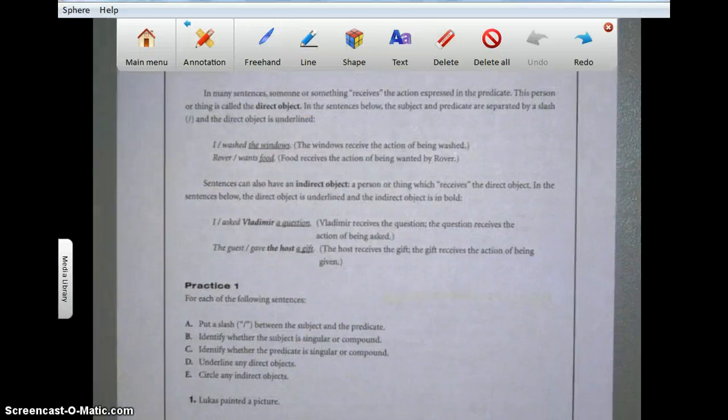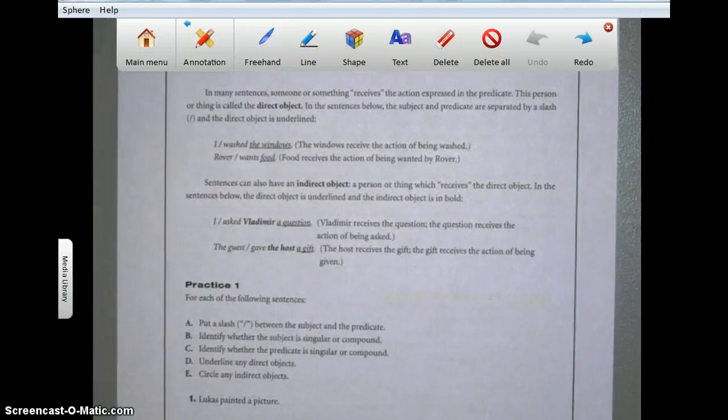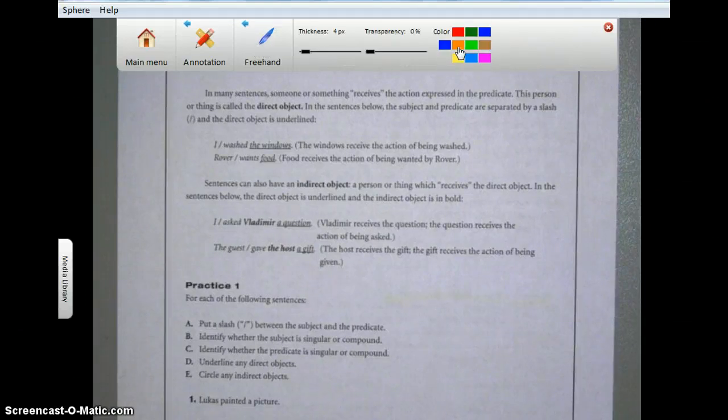Alright, next, when we're trying to identify an object, you're not looking at the beginning of the sentence. Generally, you're looking for what's at the end of the sentence, what the verb is connected to. So, I washed the windows. What is it that you washed? The windows was what was washed.